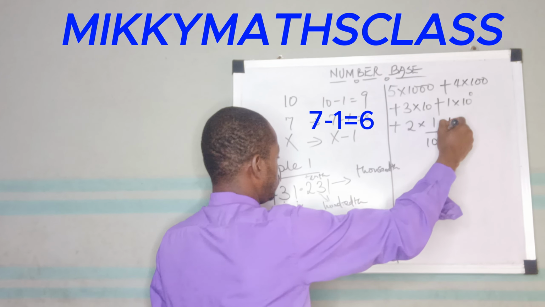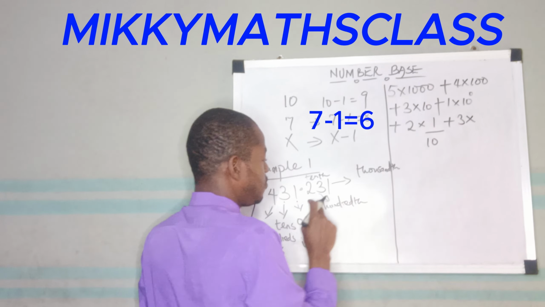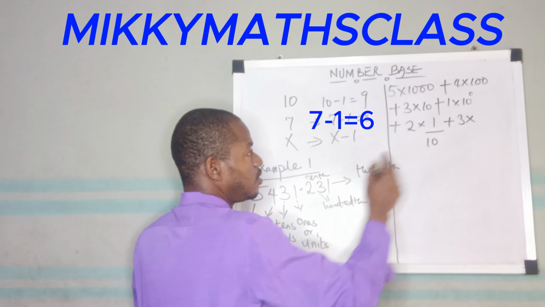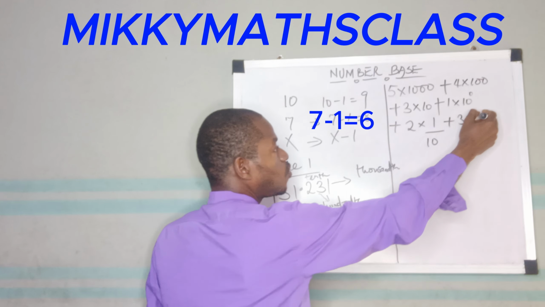Now plus 3 times 1 over 100, this is the hundredth, plus the last one, 1 over 1000.